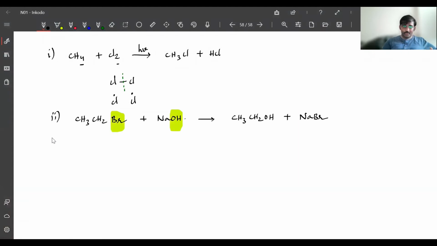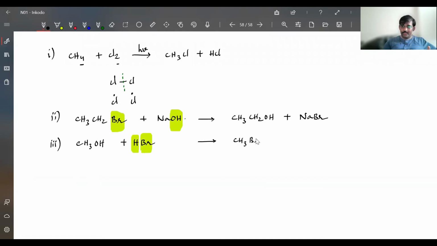Next, one more example. Suppose I have CH3OH, methyl alcohol, reacting with HBr. HBr is an acid, and acids generally produce H plus ions, so H plus ion and bromide ion will come. Now the bromide ion will go to the place of the OH minus ion, so I'm getting methyl bromide.